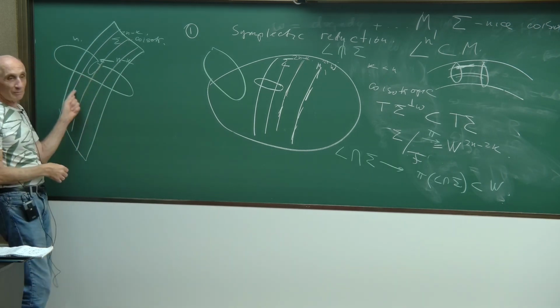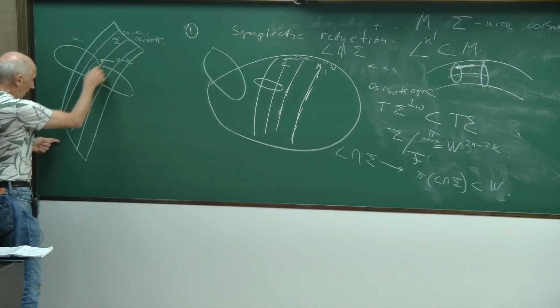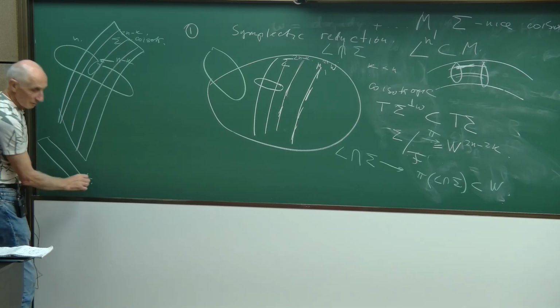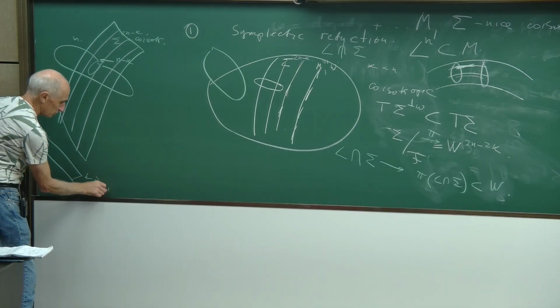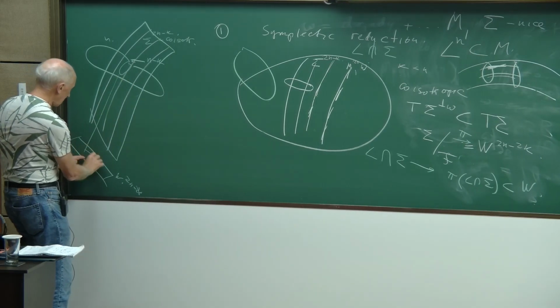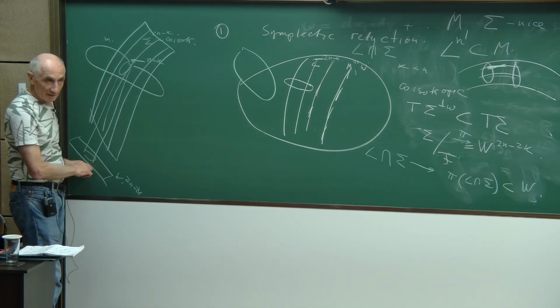So you have an n minus k dimensional submanifold. And there is this projection to this W, which is 2n minus 2k dimensional, and I can project it there.